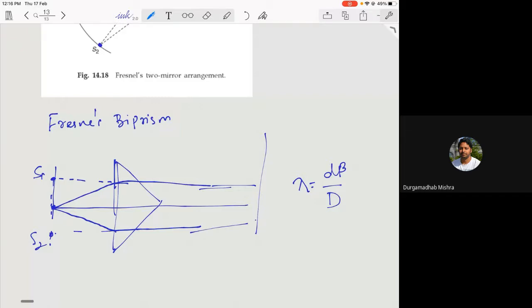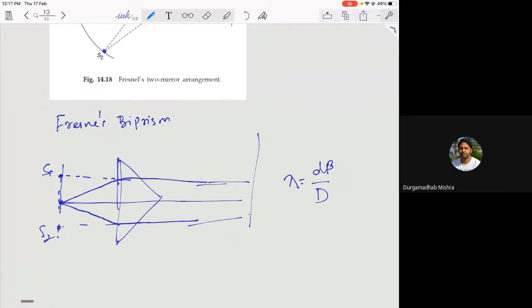Then you can calculate the wavelength of the monochromatic light. In those earlier days, Fresnel used this kind of arrangement to do that.